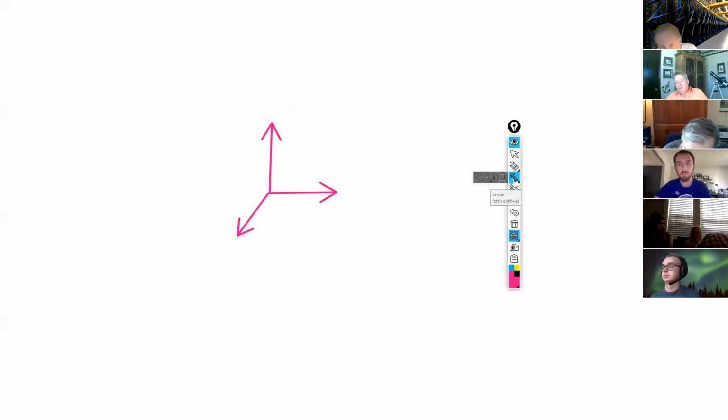Then I'm going to put an arrow in here, and I want you to imagine that this arrow goes down, goes this way, and goes this way.